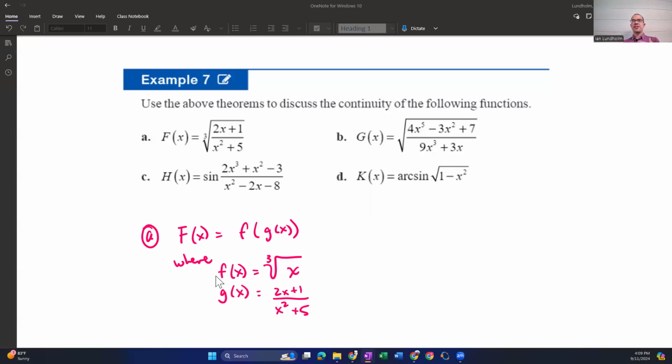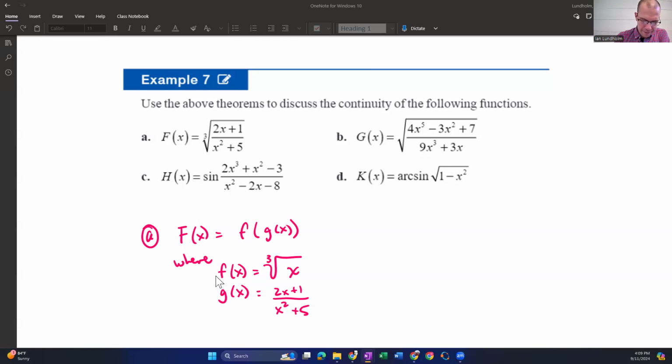If we look at this as a composition of functions, we can identify that each one of these is continuous on its own, and then the composition of continuous functions is continuous.